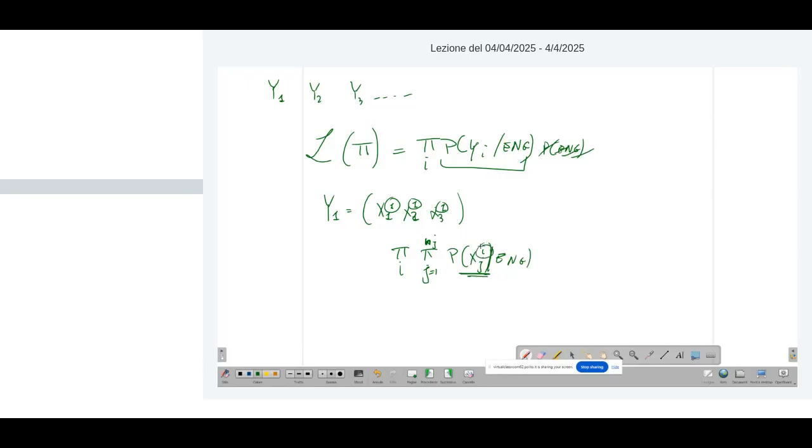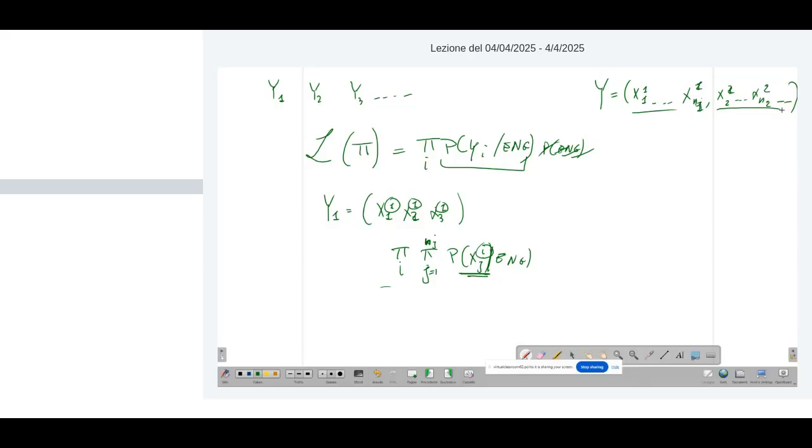Notice that I can simplify all this by collecting all my documents in a single document Y that contains the sequence of words of the first document, then the sequence of words of the second document, and so on. So I put all my words in a single document.